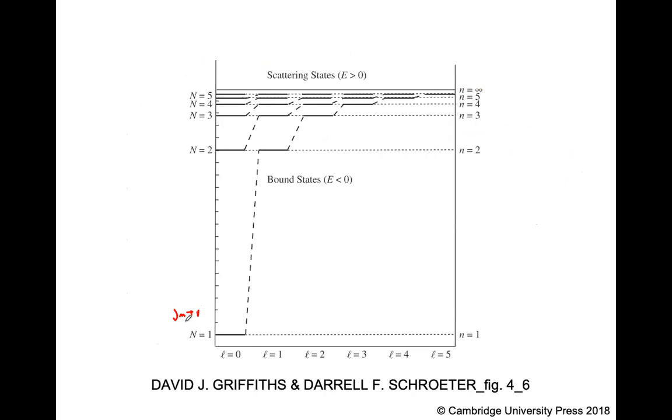The maximum value of l, like 0 or 1, as I said, plus 1 more. So he's plotting this, and I'm not sure what the value of introducing that is. This is the principal quantum number 1, 2, 3, okay? And you can see for n equal to 2, there are different states I can have. This would be, I guess, L equals 0. And this is the L equals 1 state, okay?